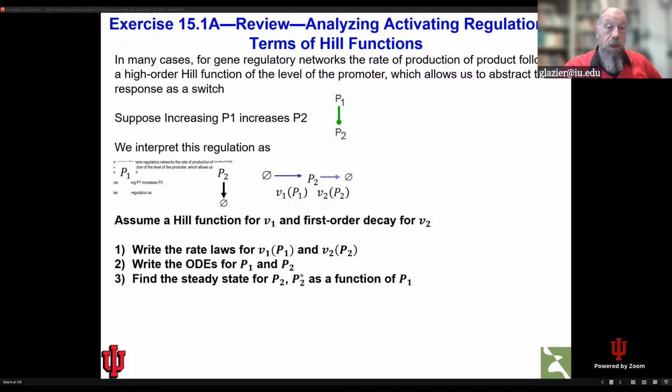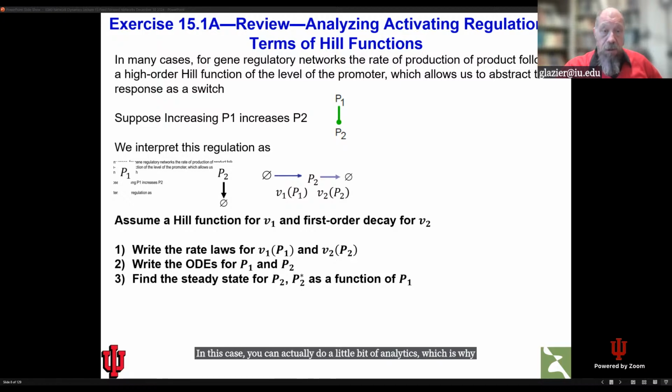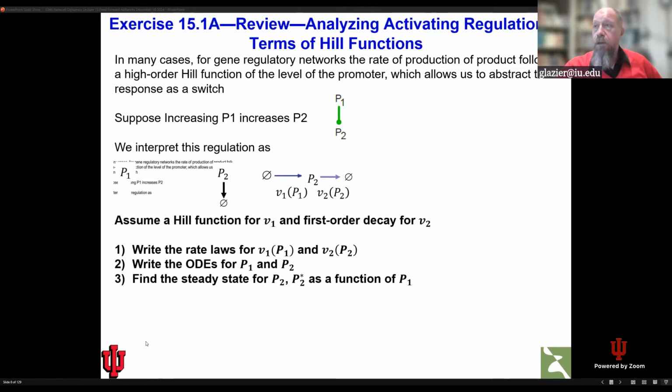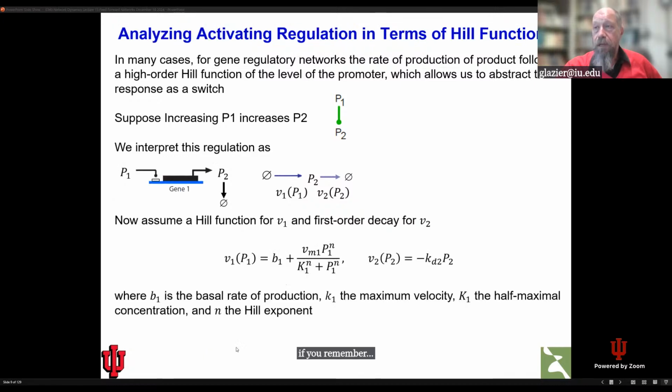In this case, you can actually do a little bit of analytics, which I can show you. We don't have to do the derivations, but if you remember, basically, we say that the rate of production, V1, is the basal transcription rate plus a Hill function of P1, and then we'll assume first order decay kinetics for P2.